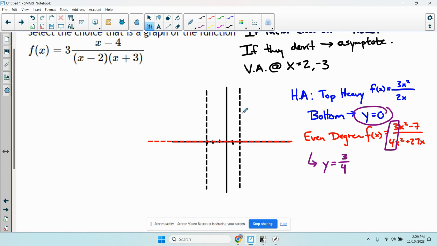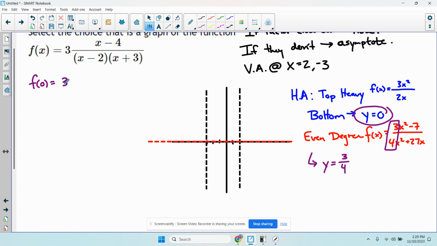So now we have to figure out, that might be enough to determine which equation is correct, but you also want to determine what the graph looks like on either side of the asymptotes. So I would start by plugging in a value between these two asymptotes. I think the easiest value to plug in would be 0. This would help us eliminate some of the choices on the graphs.